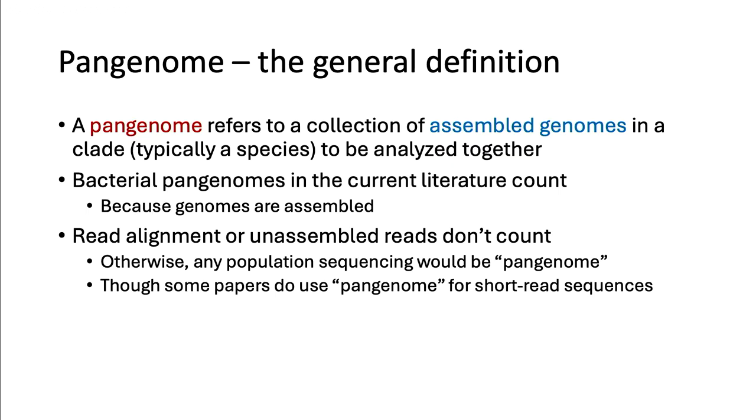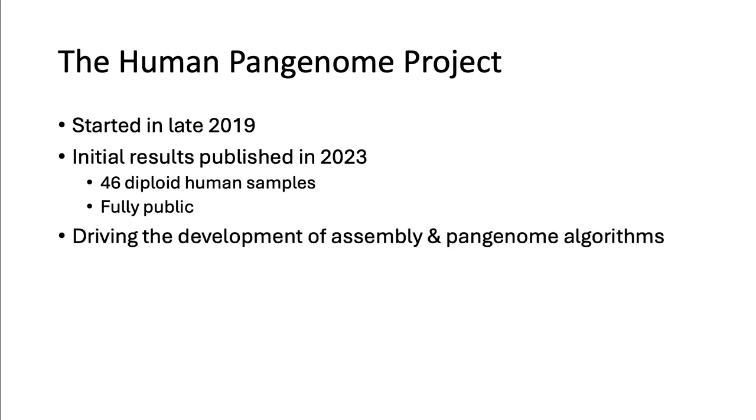And a bacterial pangenome still counts because it's an assembled genome, usually applied to a clade. But the reference alignment and the variant calling for a Western genome don't count as a pangenome, because it doesn't really have a genome. It's just a bunch of short reads and variant calling. Although a few review papers still say a Western genome is a pangenome, I wouldn't count it that way.